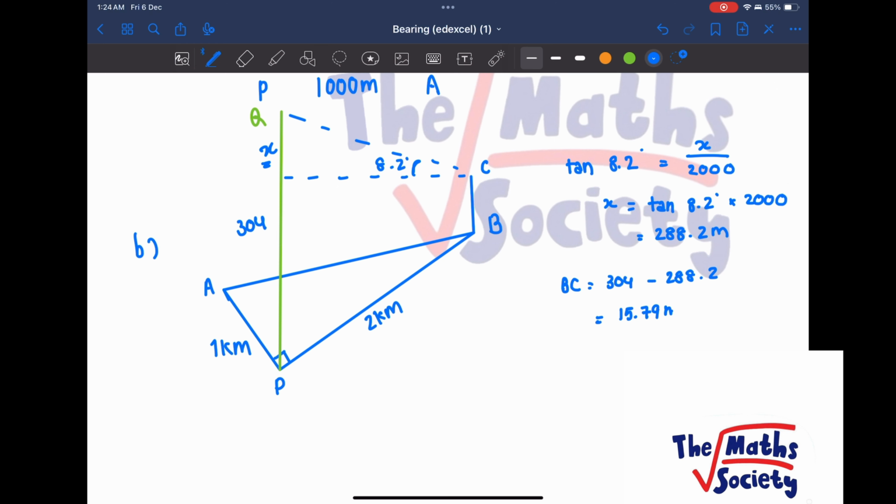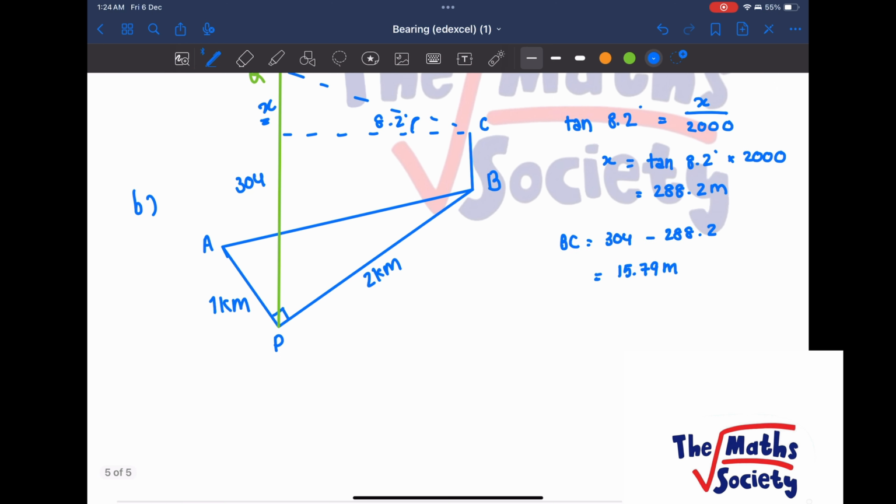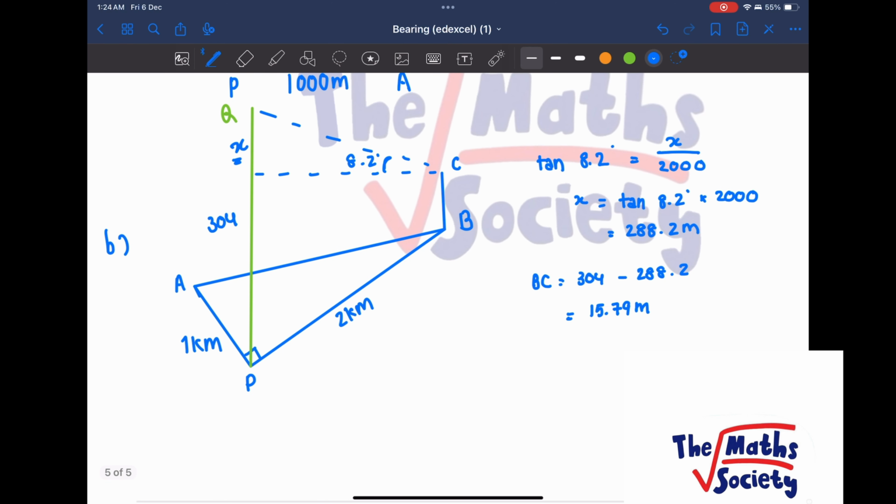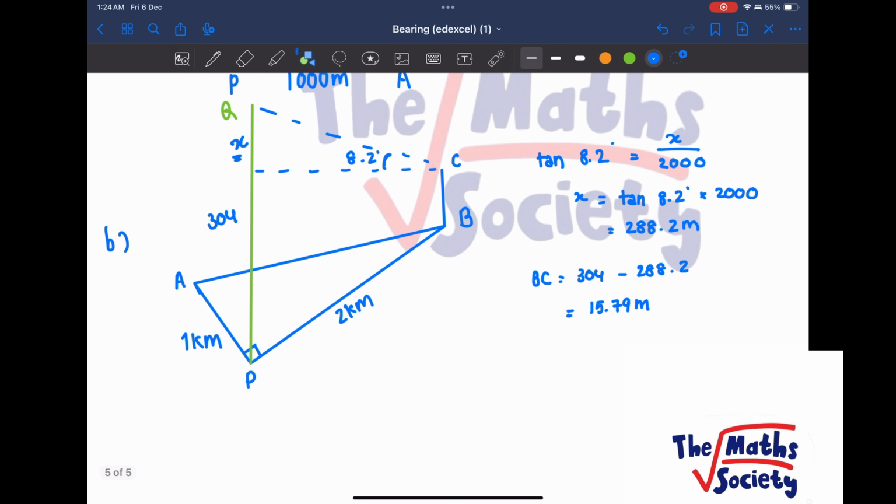And to get the size of C from A, we want this little angle, and we need to find the length of AB.